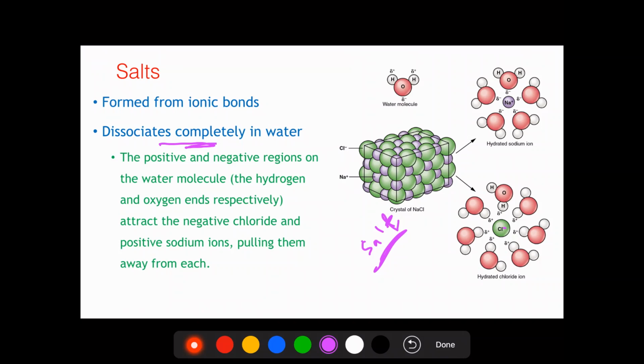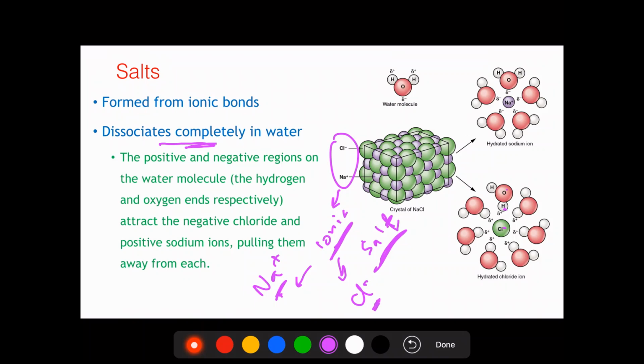Basically because the water molecule by its nature, we said this is a polar molecule, it will get attracted. And remember the salt is an ionic bond, and we said with the ionic bond, the sodium and the chloride, the sodium would lose completely its electron and the chloride will keep that electron.